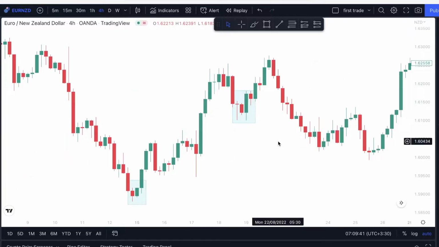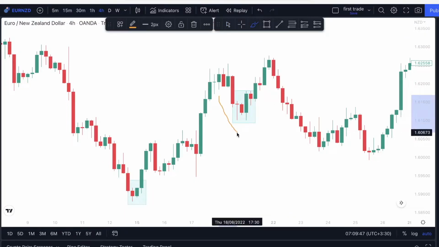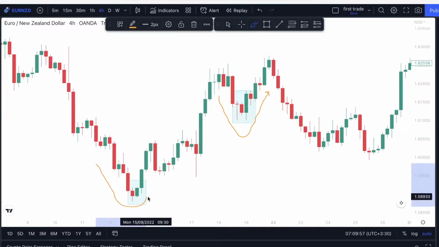I found a couple more examples. Let me explain them. So this one, downtrend, and after this pattern we have the uptrend here. Or another one, we have this downtrend here and reverse to the uptrend.